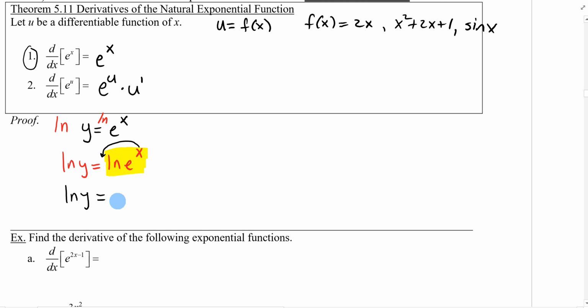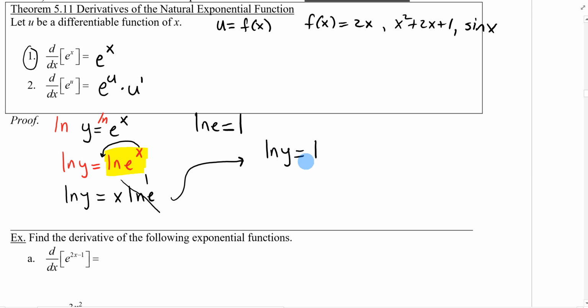Natural log y is equal to x times ln of e. Now, ln of e is equal to 1. That's just a property. So rewriting the last equation, natural log y is equal to x.